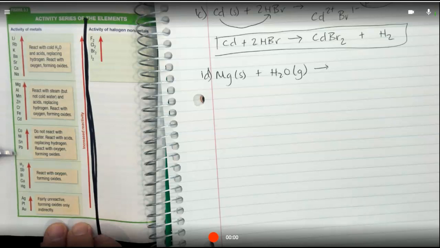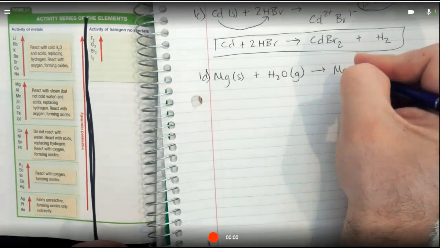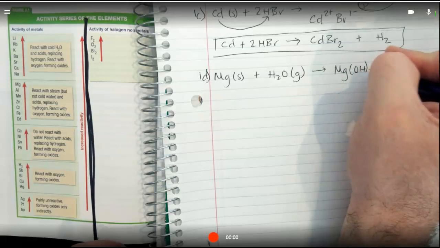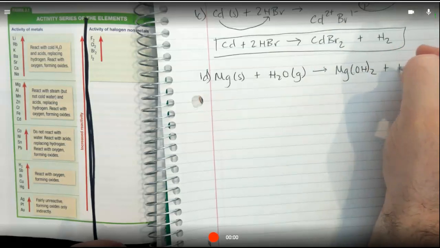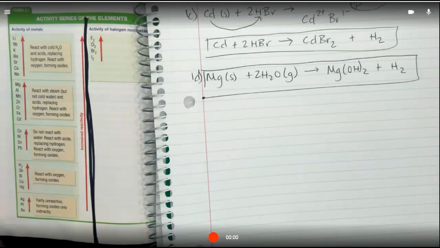It's below it, so it can replace hydrogen. Double check the box. Reacts with steam but not cold water. So in this case, we will have a reaction because it's reacting with steam. So we end up with magnesium hydroxide and hydrogen gas. Go back and balance your equation. And there's your answer for 1D.